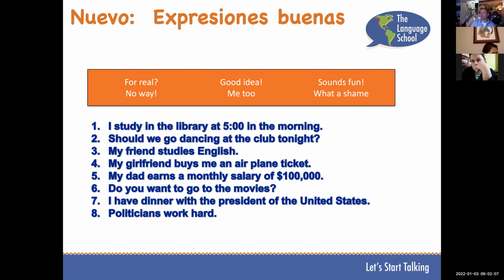Para decir que, como en español, aquí tenemos una desconexión entre los dos idiomas. Ustedes usan mucho la expresión me parece bien o me parece divertido. En inglés nosotros normalmente usamos el verbo sonar aquí, como suena bien o suena divertido.